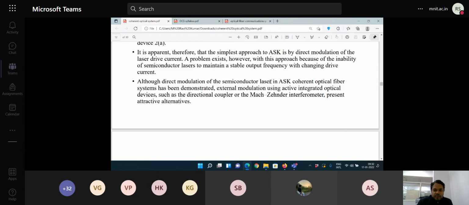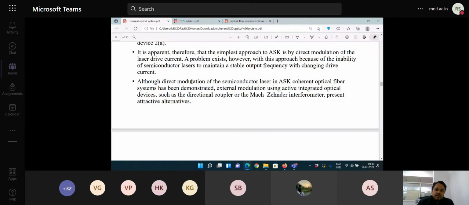To have amplitude shift keying, it's possible to have direct modulation, but direct modulation of a semiconductor laser usually does not give very high data rates. The modulation capability using direct modulation is limited to the order of some Mbps.